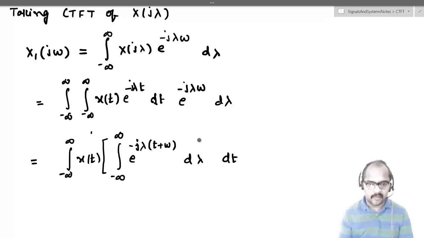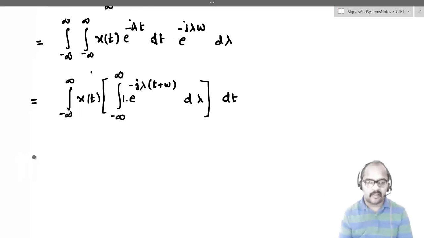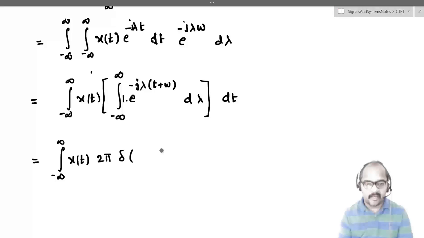Now look at the term inside the square bracket. This is nothing but the Fourier transform of 1, but with omega replaced with t plus omega. So the term inside the bracket would be 2 pi delta of omega, with omega replaced by t plus omega.